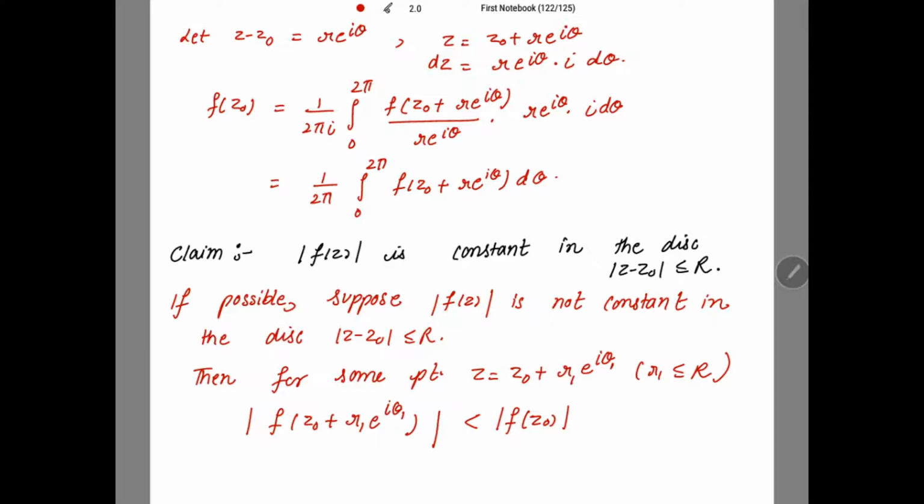Yes, because we have supposed that the function attains its maximum value at z0. So obviously this mod will be greater than other values, right? And why strictly? We can also write greater than or equal to, but why strictly? Because of the continuity of mod f(z). Since f(z) is analytic, it is also continuous.